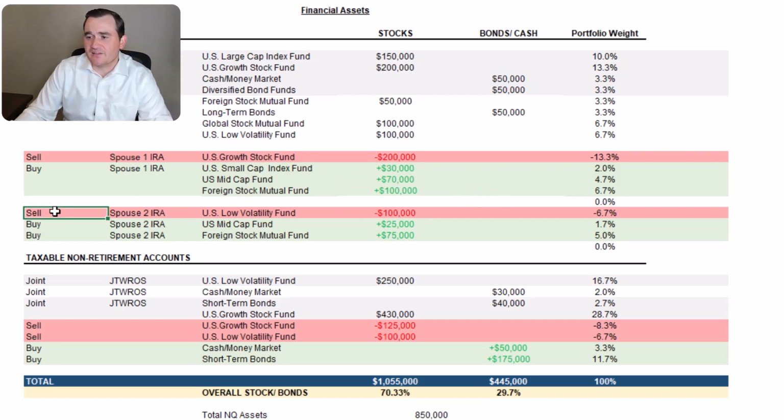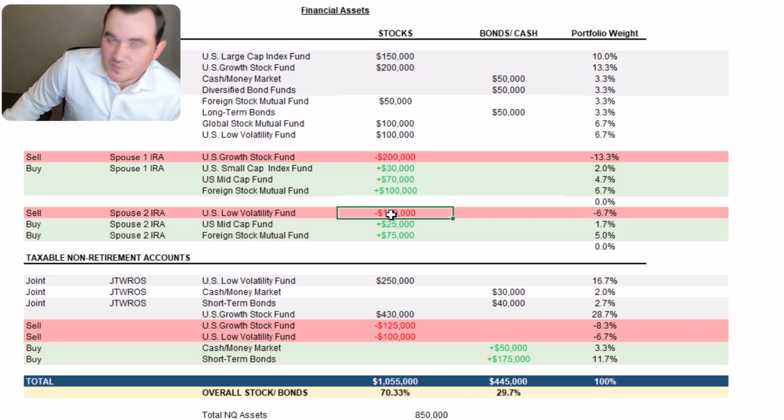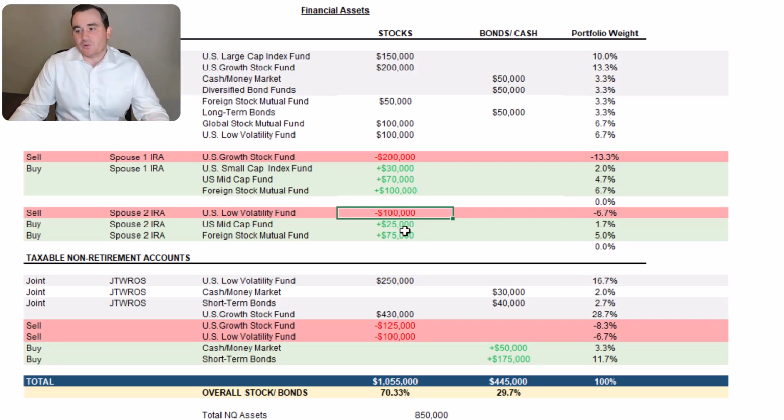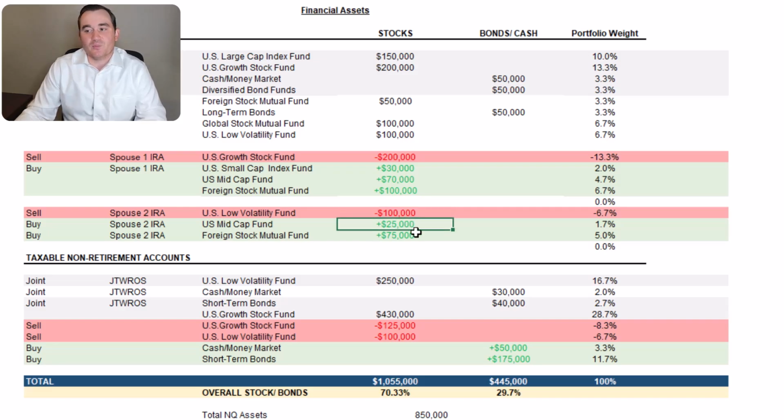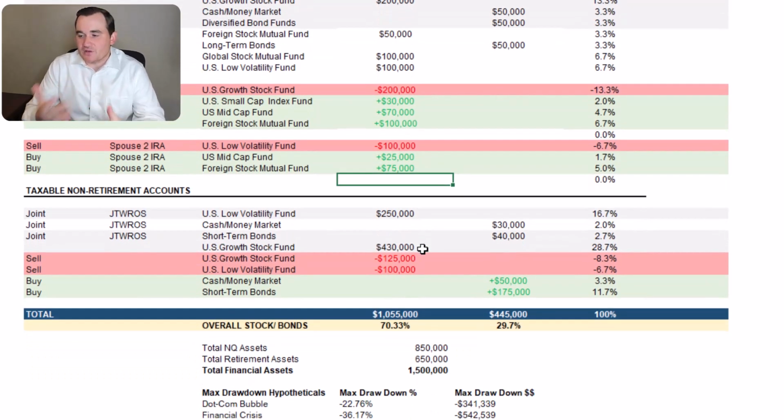In addition to that, in the IRAs, I would sell the low volatility fund in spouse two's IRA, and with the proceeds, I would add 25 to a mid cap fund and 75,000 to a non-U.S. foreign stock fund. And then with the taxable accounts, as I mentioned, it's a little less easy to make a change with a stock that's appreciated over time, because you have that tax element where you have to pay the taxes up front when you sell them.